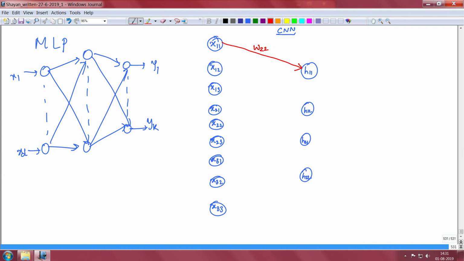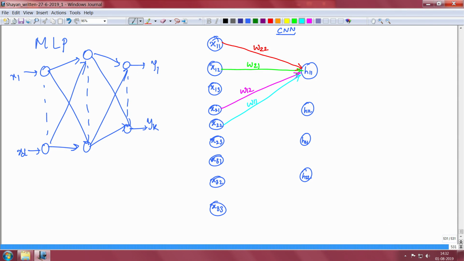Similarly, in order to compute h11, we need x12 weighed by the parameter W21, and we need x21 weighed by the parameter W12, and finally we need x22 weighed by W11.